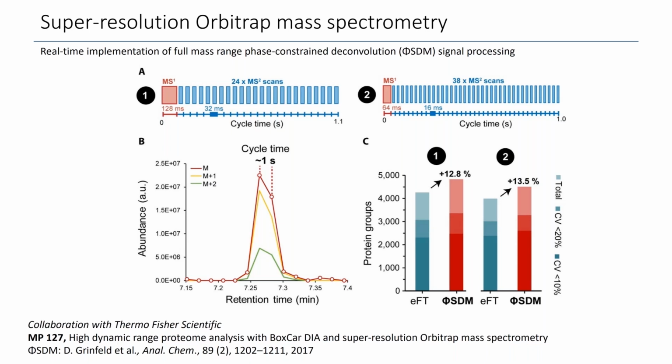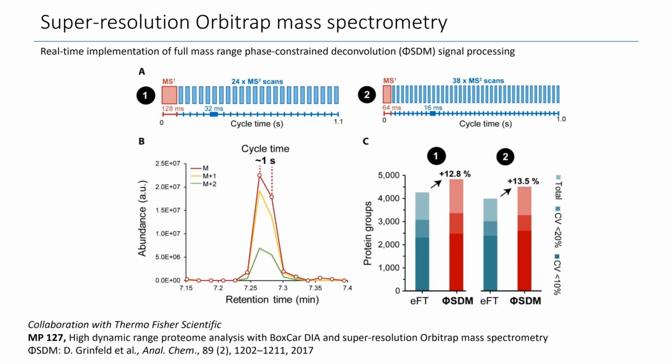The take home message is that this technology allows us to arrive at a similar mass resolution in about half the time. And of course, this is very interesting for short gradients, where we still want the high specificity of many DIA windows, but at the same time the high quantitative accuracy of short cycle times.